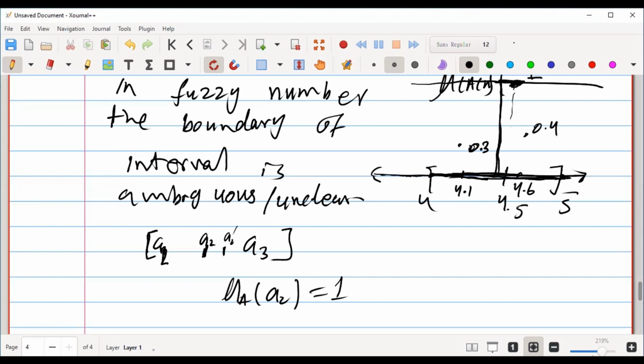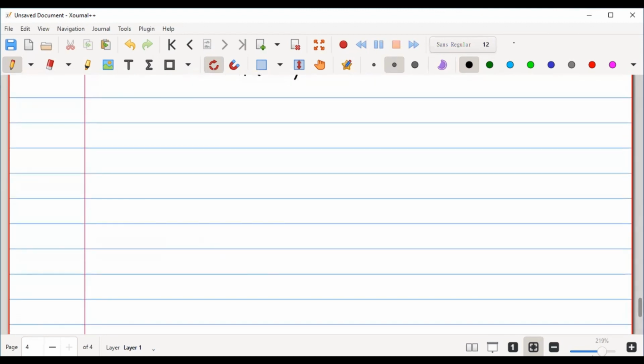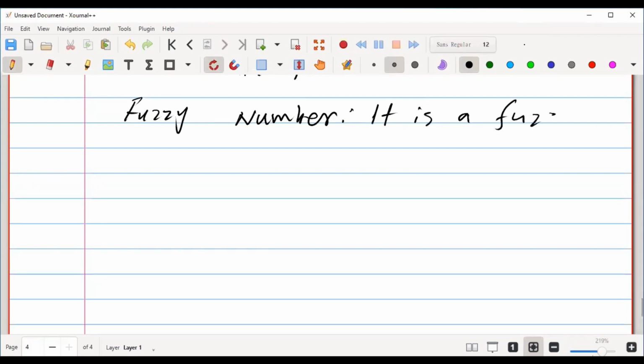So we define the fuzzy number. What is fuzzy number? It is a fuzzy set. Fuzzy number is also a fuzzy set.